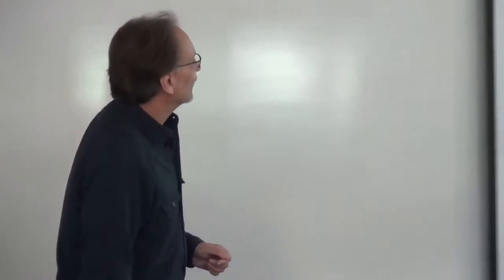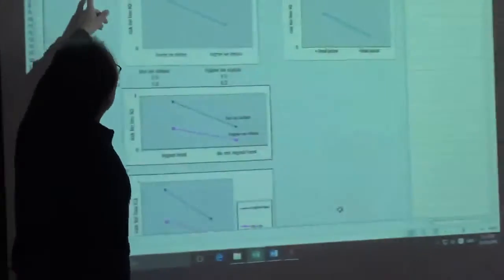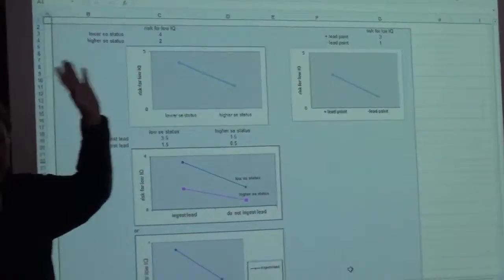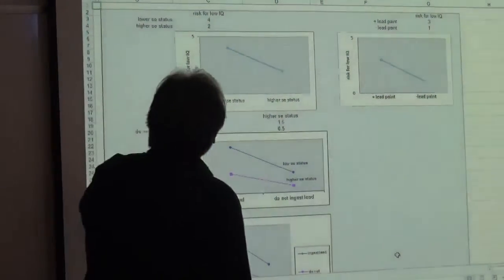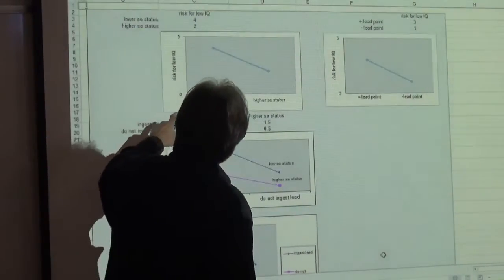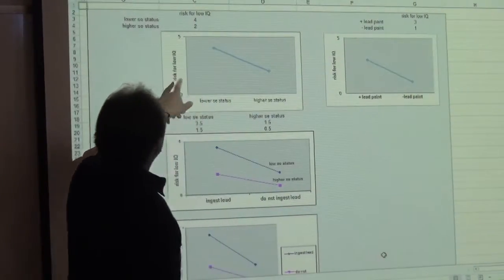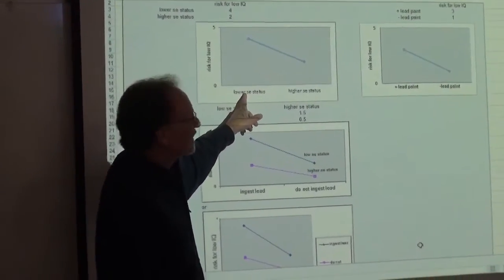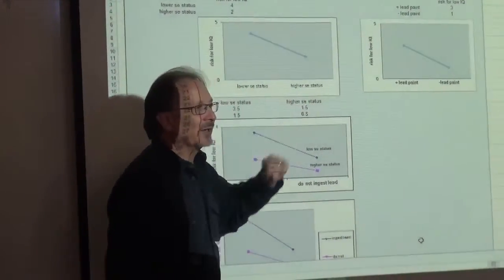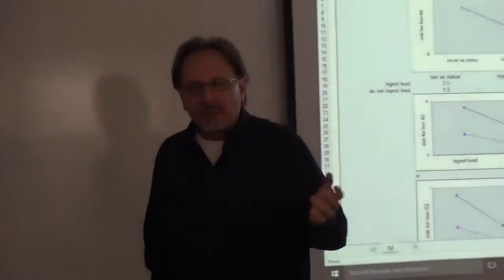Okay? And there's a number of different ways you can do this, but this is the way I chose to do it. And by the way, these are arbitrary values. Just arbitrary that I assigned just so that I could get a graph. So, one of the things that we talked about is that risk for lower IQ is greater if you have lower socioeconomic status than if you have higher socioeconomic status. That's probably related to access to education, environment, that sort of thing.